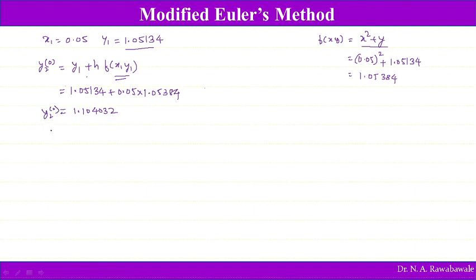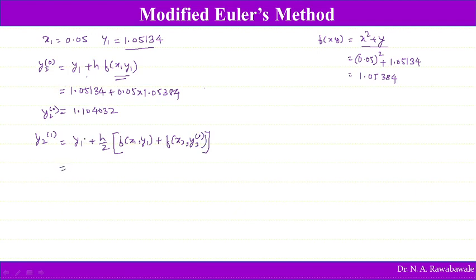Then to get the second iteration, y2 of 1, first we write it as y1 plus h by 2, then f of x1, y1 plus f of x2, y2 of 0.